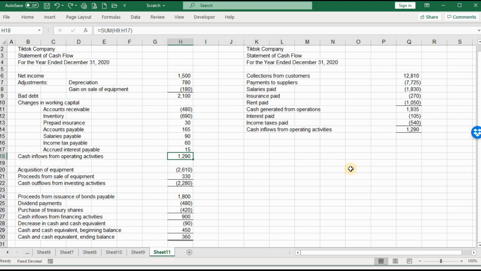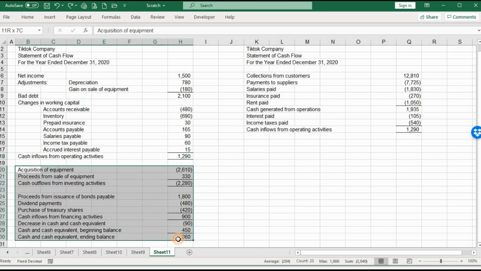Now, let's proceed to the investing and financing activity. Again, regardless of the method used, the investing and financing activities are presented in direct approach, which means the actual cash transactions under the investing and financing activities must be presented, which means that this section of the indirect method shall be the same under the direct approach.